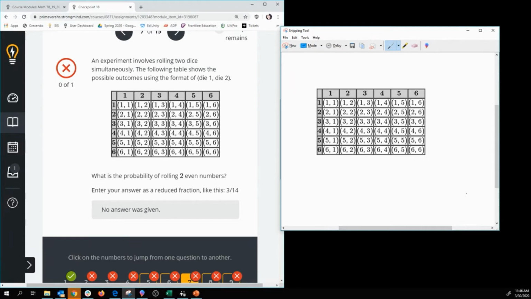All right, perfect. So what is the probability of rolling two even numbers? Okay, so first of all, if I have a dice, what are the even numbers that I could roll from a dice? Well, 1 through 6 are all the numbers.